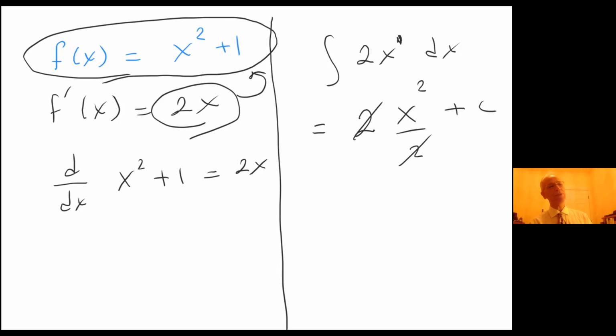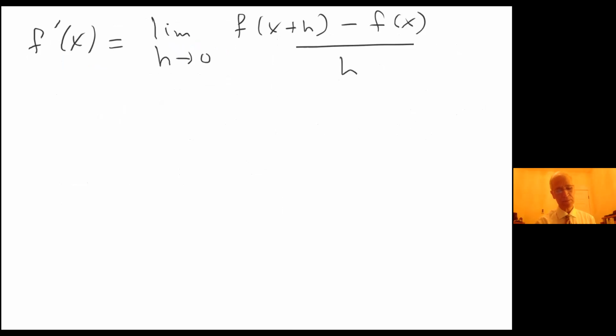In order for me to do that, I need to remind you of two things. So first of all, remember that the definition of derivative is f prime of x equals, by the definition, limit as h is approaching 0 of f of x plus h minus f of x all over h.